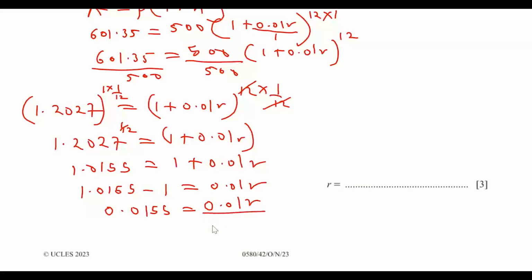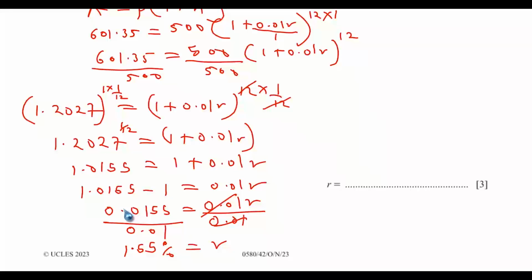Let's divide both sides by 0.01. This will cancel this, and if you input this into your calculator, you should get the value of R to be 1.55%. That will be the value of R here.